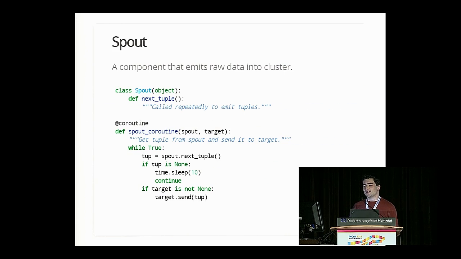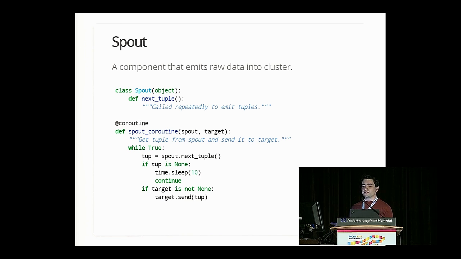A spout, on the other hand, is a component that's going to emit tuples into your cluster. So this is where your raw data comes from. And the API for spouts is very simple. You implement something called nextTuple on some class, and it's called repeatedly. And when that function is called, you just get back data values, and they get emitted into your cluster.